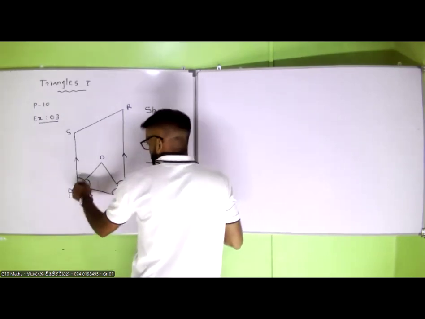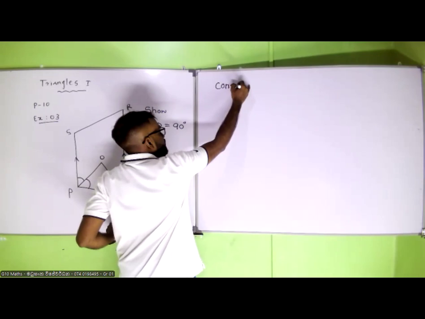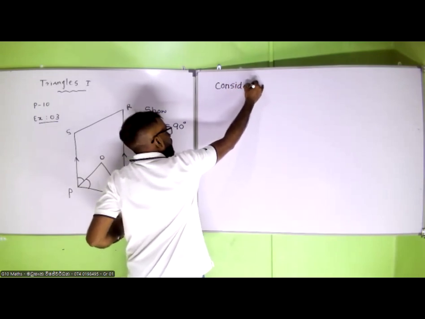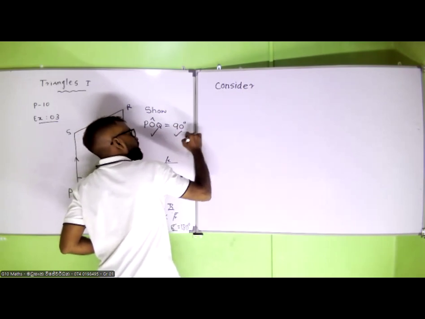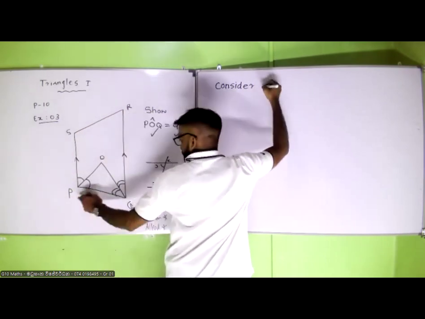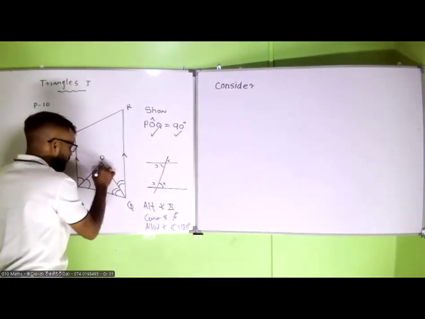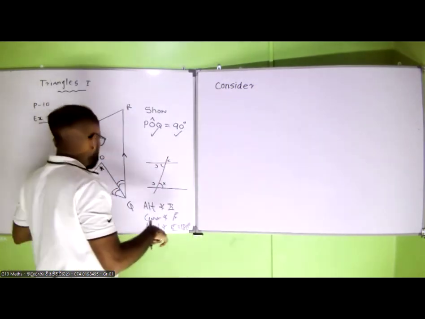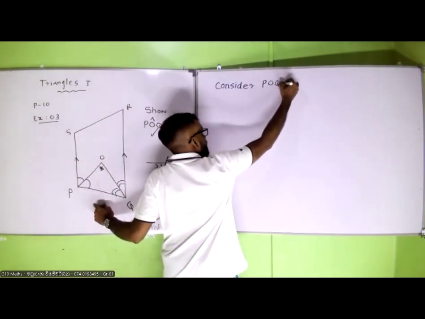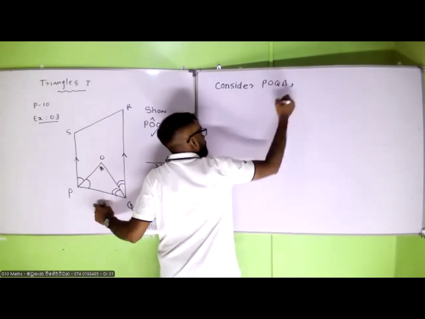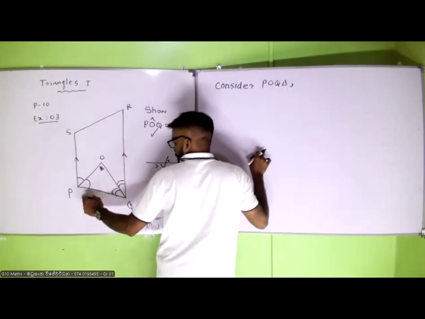So by considering POQ triangle, I will write this is what I know. Because they are asking me to prove POQ equals 90, I will begin from that. POQ is inside this. I need to focus on this. So I will begin from there. Consider POQ triangle. Don't think too much. Put a comma. Right? I am going to apply what I know.